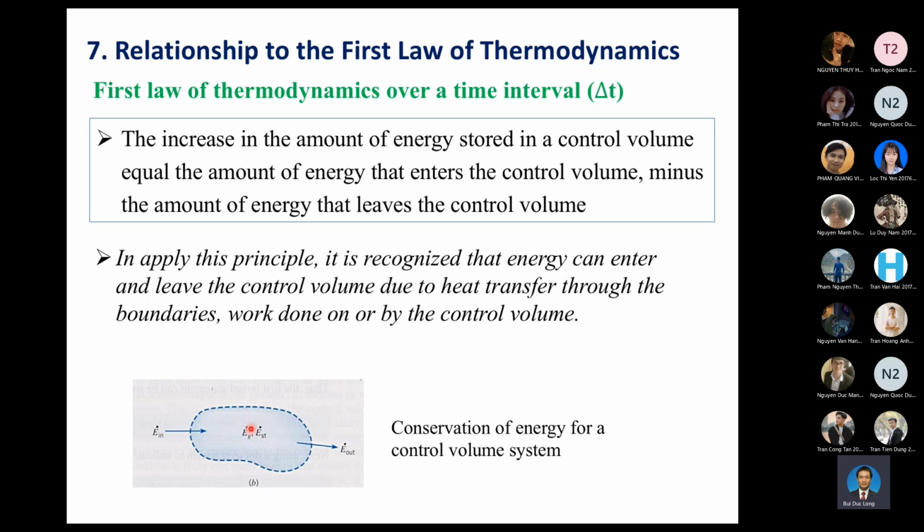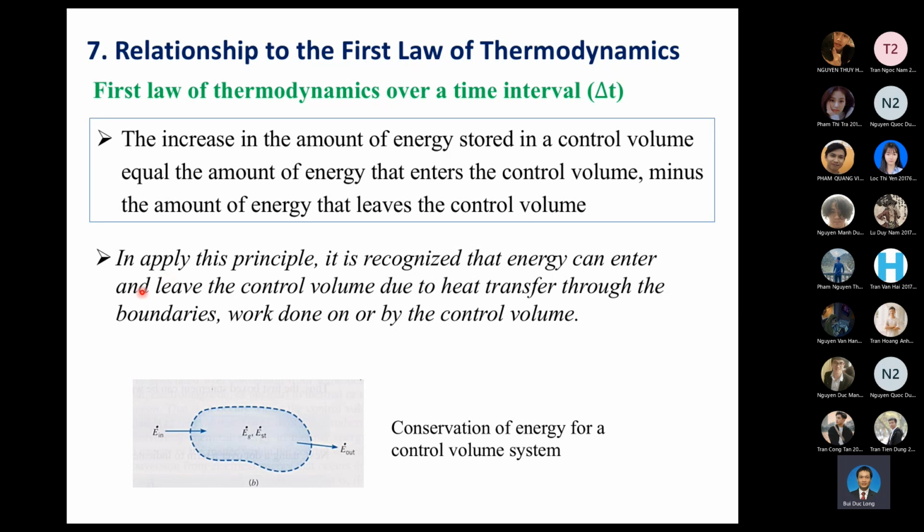For example, in some materials, because of a chemical reaction, heat or energy can be generated. In general, we note it as E dot g, and the energy is stored in the system after the exchange of energy, after energy in and energy out. This is the system, and this is energy out of the system.